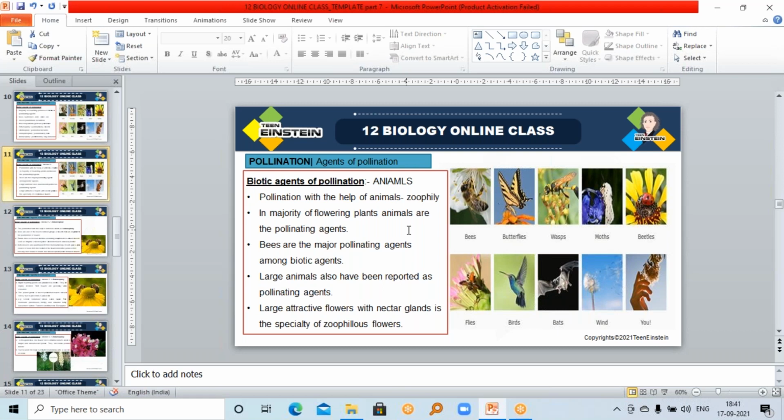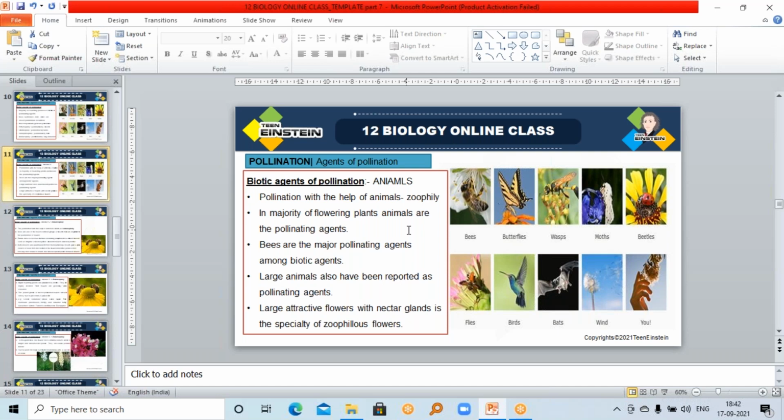Which are the major pollinating agents? Mainly bees are the major pollinating agents among biotic agents, so bees are most important. Not only small insects, large animals also have been reported as pollinating agents.